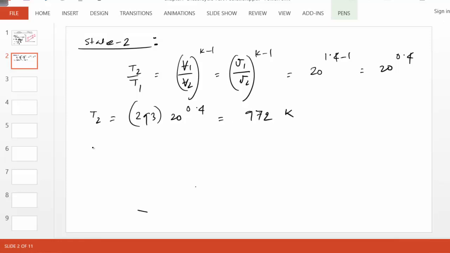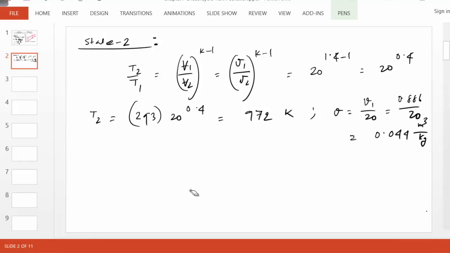Of course, the specific volume is already given to us. Specific volume v2 is v1 over 20, a twentieth of the original volume, and v1 being 0.886, so specific volume is about 0.044. Okay, so we found the specific volume.